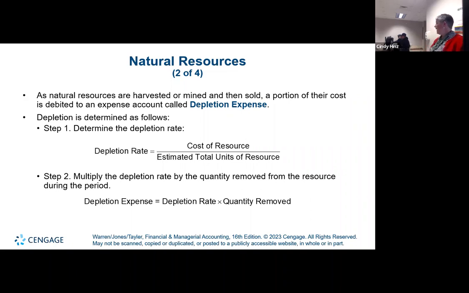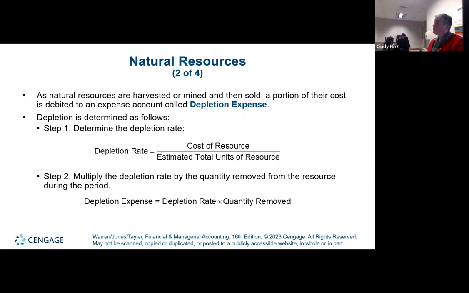So let's say we buy a piece of property with the mineral rights, and we are planning to mine coal out of that property. We have a purchase price for the property, but that includes both the land and the minerals. And so we would need to separate those two pieces.